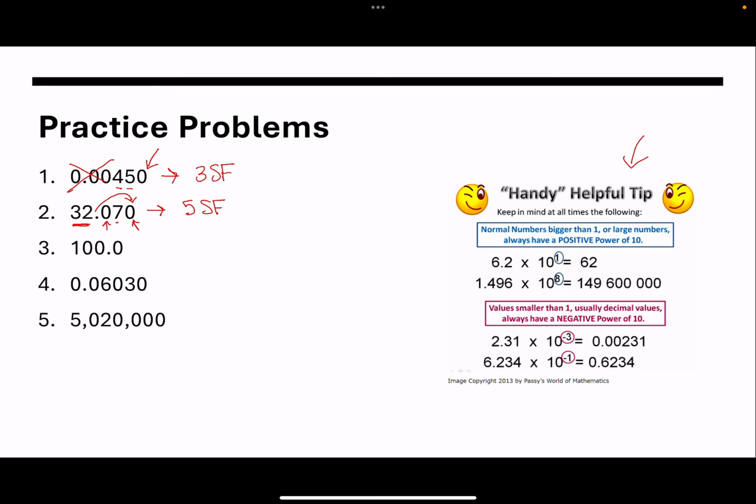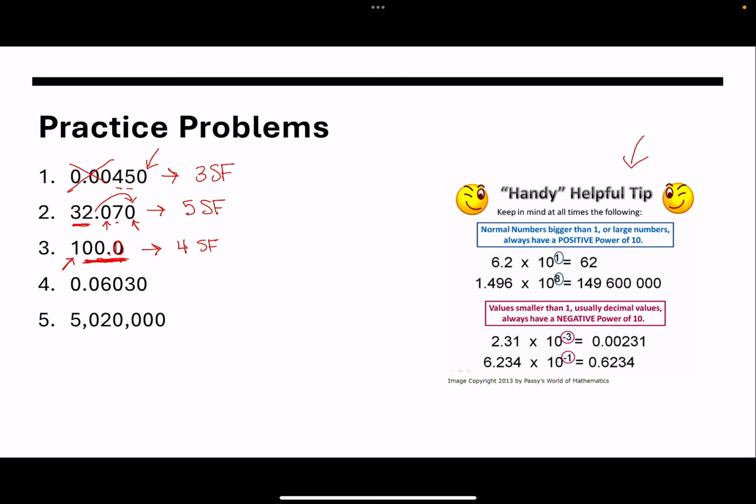Now here we have 100.0. This is one that students often get mixed up on. This is 4 significant figures, and that is because all of these zeros are following a non-zero number, and we took the time to put a decimal and a 0 behind it, which means this has not been rounded.